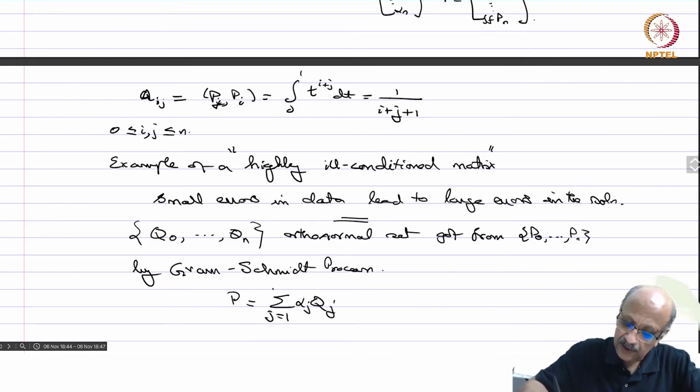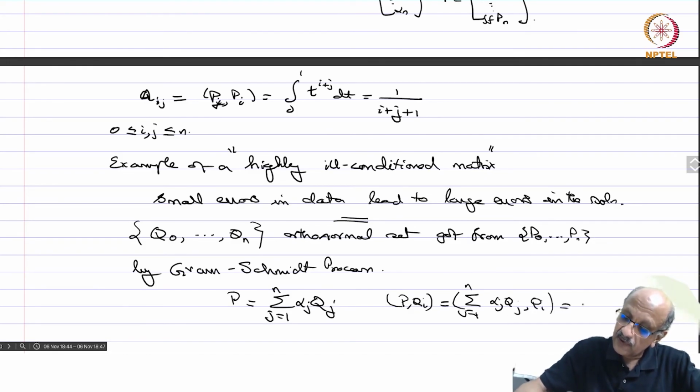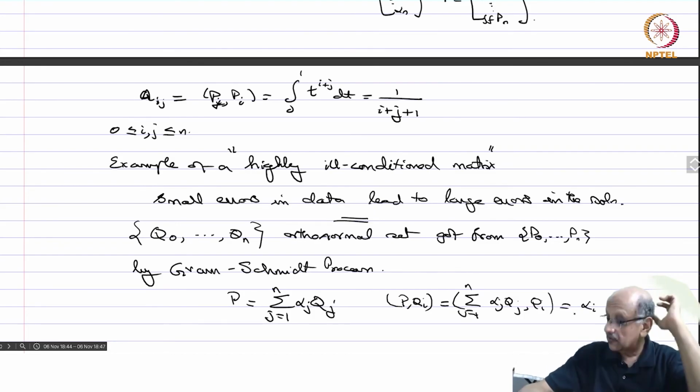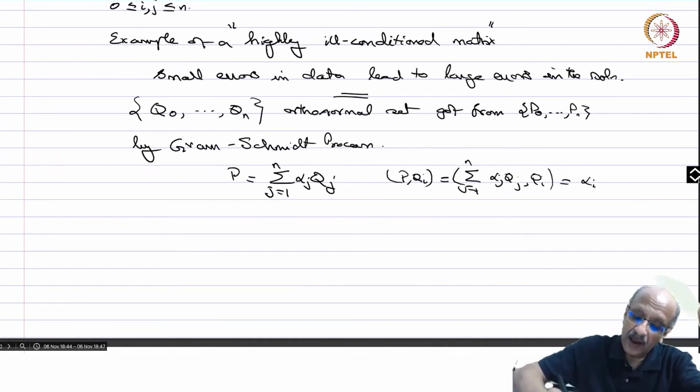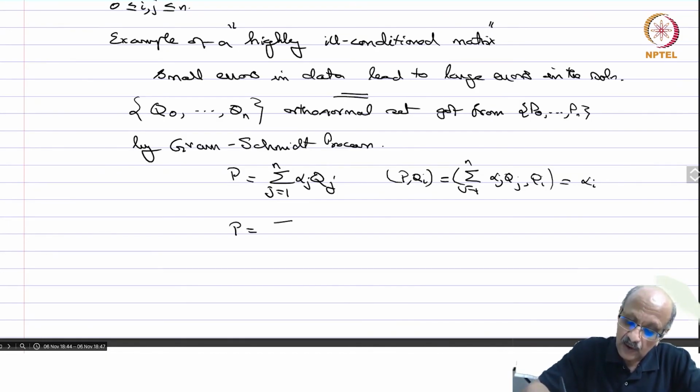Then it's very easy. If I take the inner product of p with qi, this will be the sum of alpha j (qj, qi), which is just alpha i, because only one of the terms survives and all the others disappear because of the orthogonality conditions. Therefore, there is no need to solve anything. I can write immediately p equal to the sum over j of (p, qj) qj.